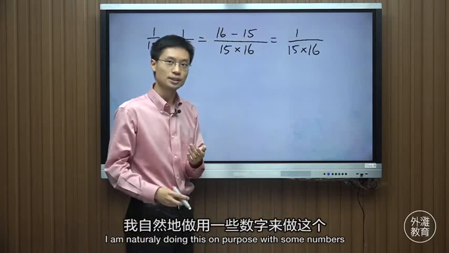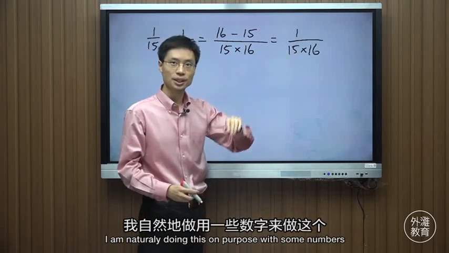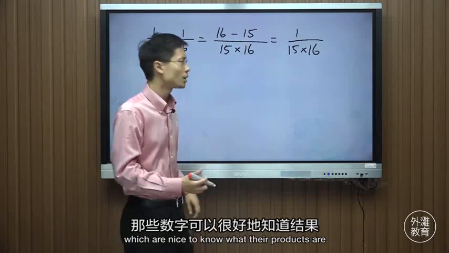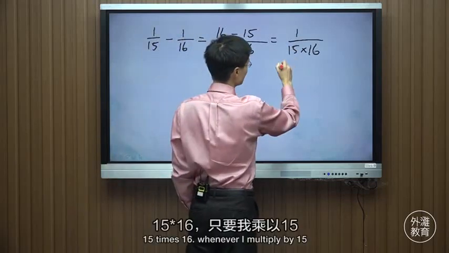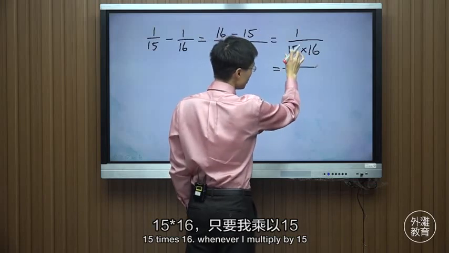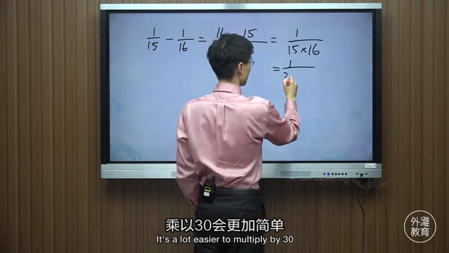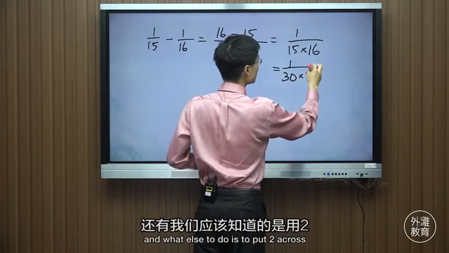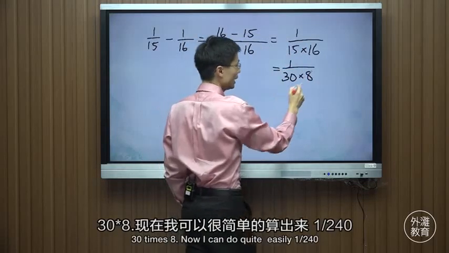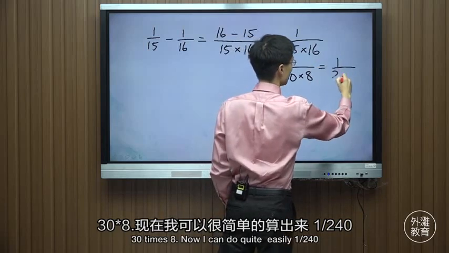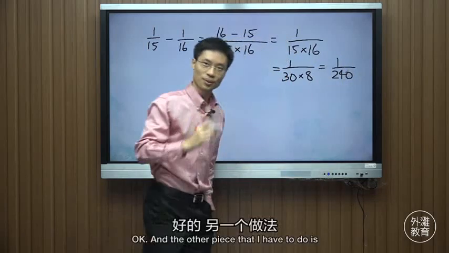Okay, how do I simplify the bottom? I'm actually doing this on purpose with some numbers which are nice to know what their products are. 15 times 16. Whenever I multiply by 15, it's a lot easier to multiply by 30. And what I will do is I'll put 2 across. 30 times 8, now I can do quite easily. 1 over 240. Okay.